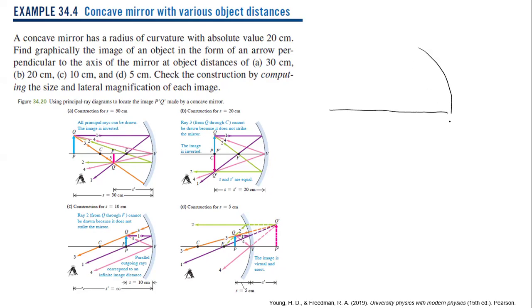We have the concave mirror. Okay. Its radius of curvature is 20 centimeter, point C, 20 centimeter from the vertex. It's the radius of curvature.